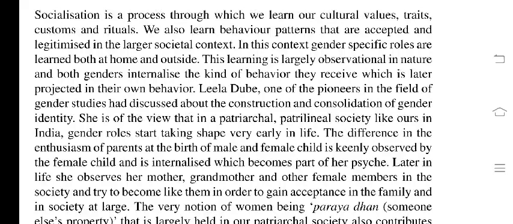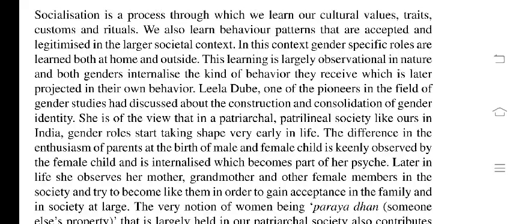Leela Dube, one of the pioneers in the field of gender studies, had discussed the construction and consolidation of gender identity. She is of the view that in a patriarchal, patrilineal society like ours in India, gender roles start taking shape very early in life.